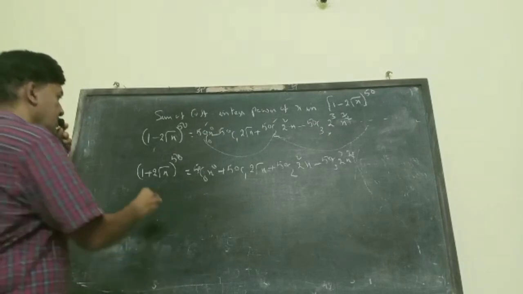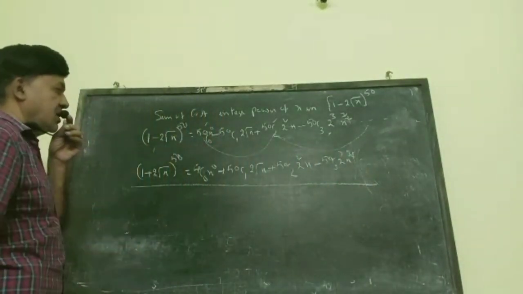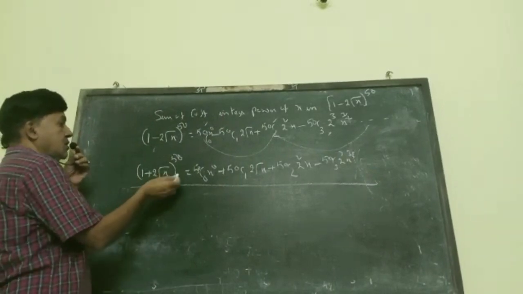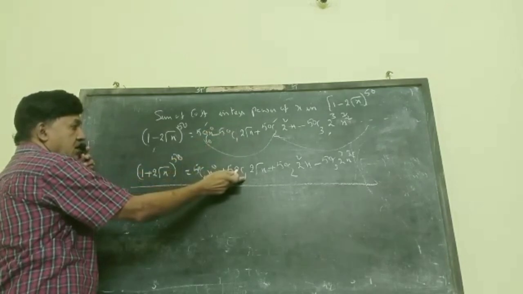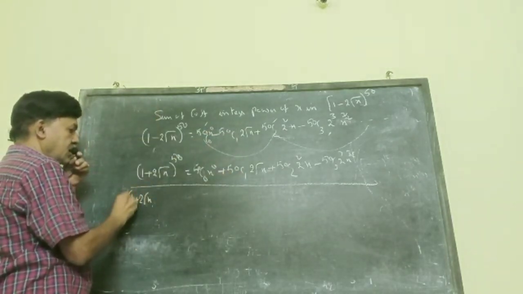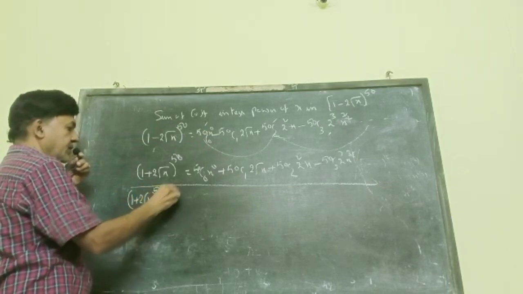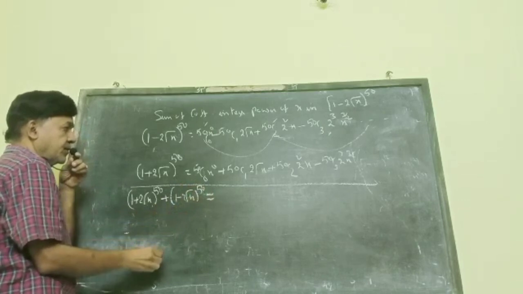Now, what you have to do is see that these two should cancel. You just add (1 plus 2 root x) whole power 50 and (1 minus 2 root x) whole power 50.